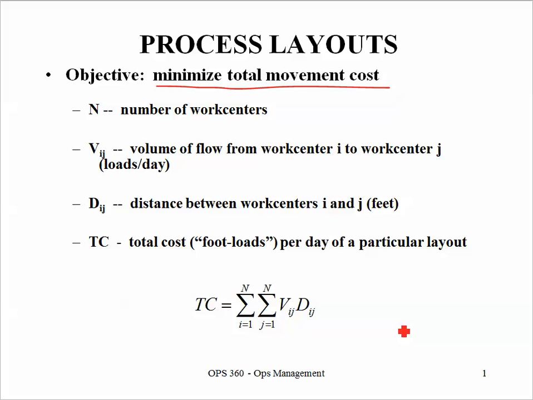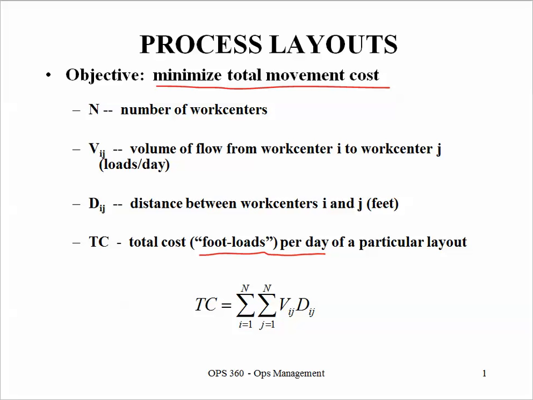What we're going to use in this example, and mostly what they use in the text, is quantifying movement cost as the footloads per time unit, here footloads per day. What I mean by footloads is if you have a load of parts, say a bin of parts or a pallet of parts, and you have to move that single bin 20 feet, that's 20 times 1 equals 20 footloads.